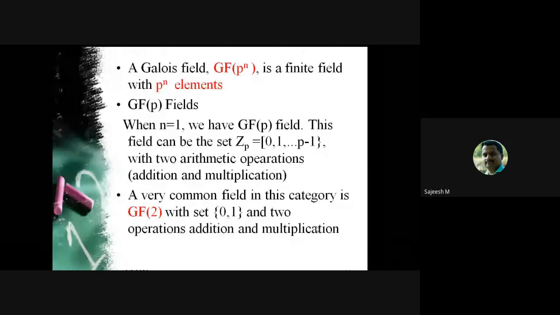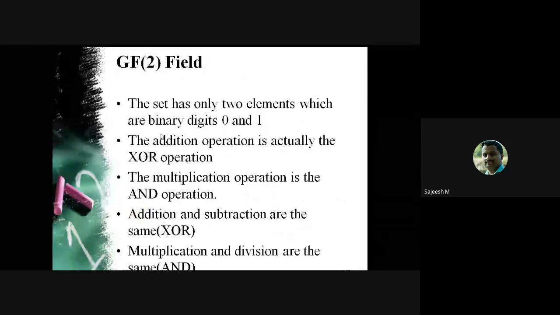This addition is not our arithmetic addition. The GF(2) field has only two elements, the binary digits 0 and 1, and here the addition operation is actually the XOR operation.